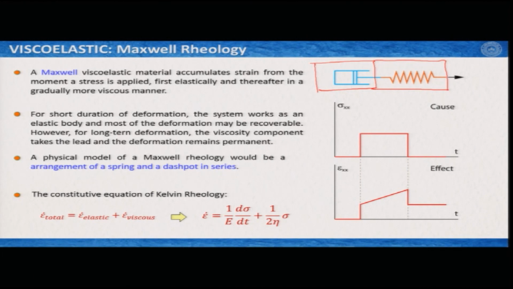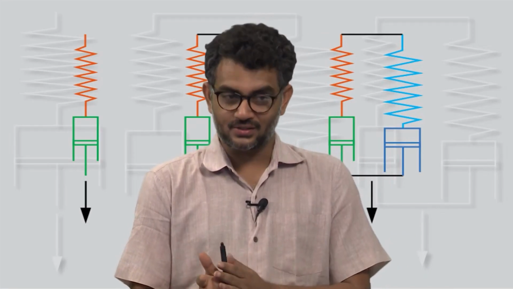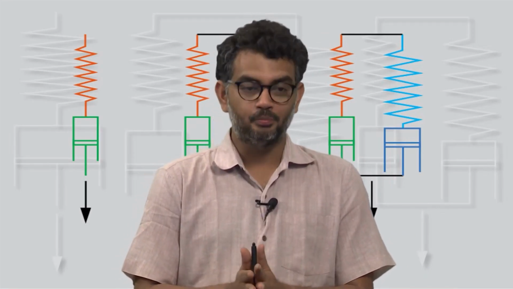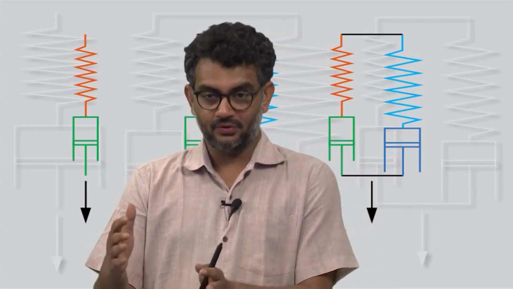So it deforms immediately the moment a stress is applied, first elastically, and then gradually in a viscous manner. Therefore, for a short duration of deformation, this system works as an elastic body, but later it goes to a viscous manner.